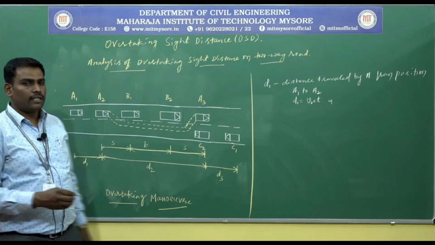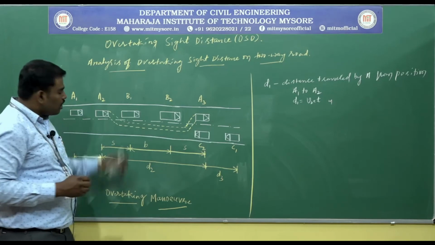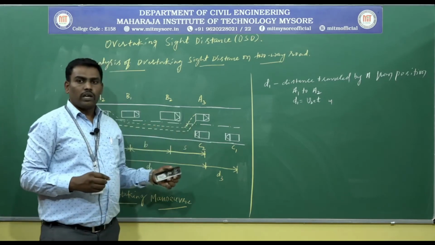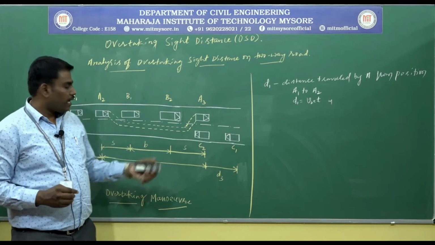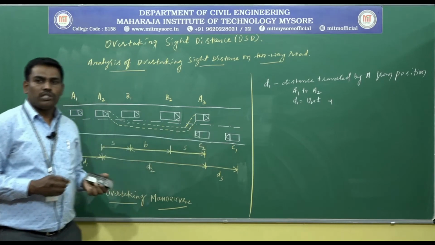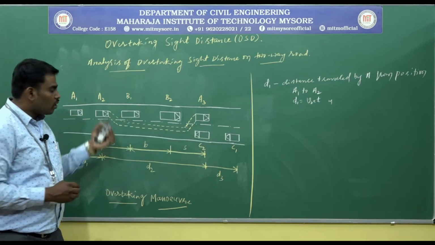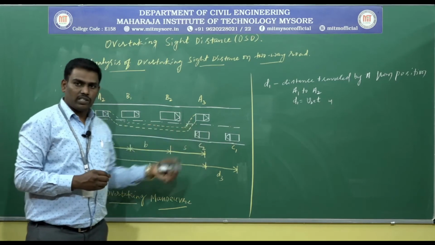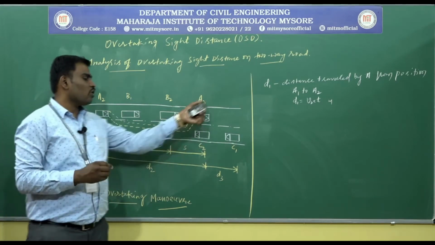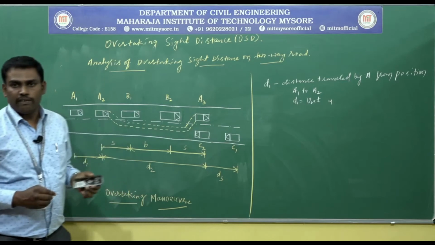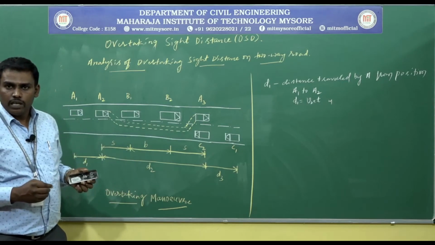Keep in mind that while overtaking the slow moving vehicle, you should be careful about the traffic in the opposite direction. Without colliding with the opposite traffic, he has to overtake the slow moving vehicle safely. Is it clear?